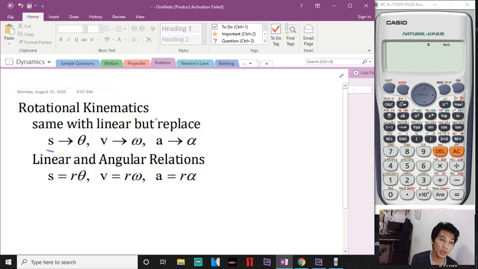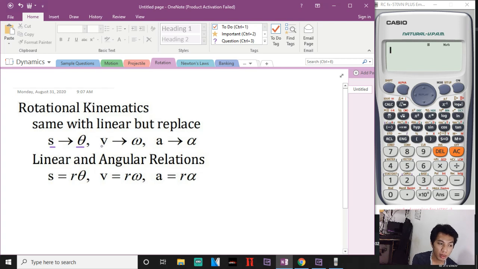Now, when you are talking about rotational motion, ibig sabihin, every time na iniikot mo, it is measured in revolutions, okay? So that will be denoted in theta. So that will be in revolutions. Yun yung translation niya ng distance traveled to revolutions.